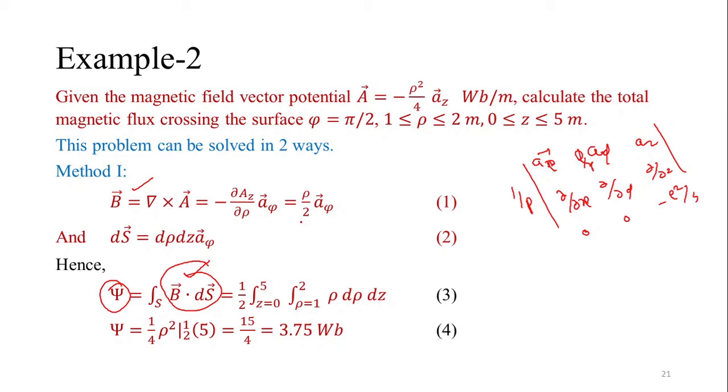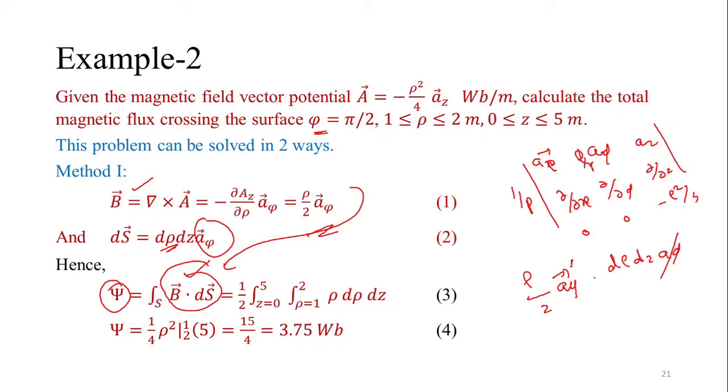Using this, if you solve, you will get B vector is ρ/2 aφ, and the vector coming out of the surface is aφ with the values dρ dz. Just substitute B vector and dS here: ρ/2 aφ dot dρ dz aφ, the aφ vectors cancel, so ρ/2 dρ dz.